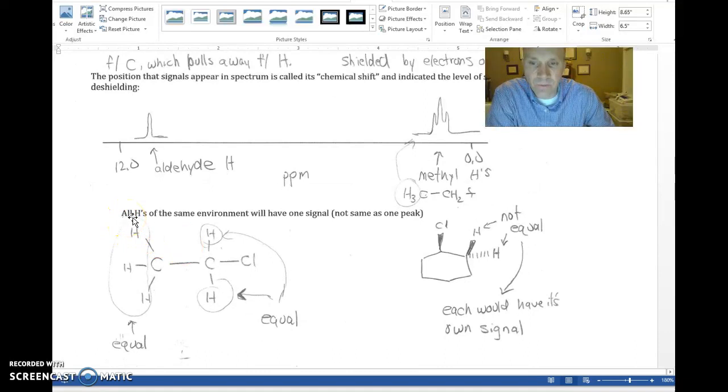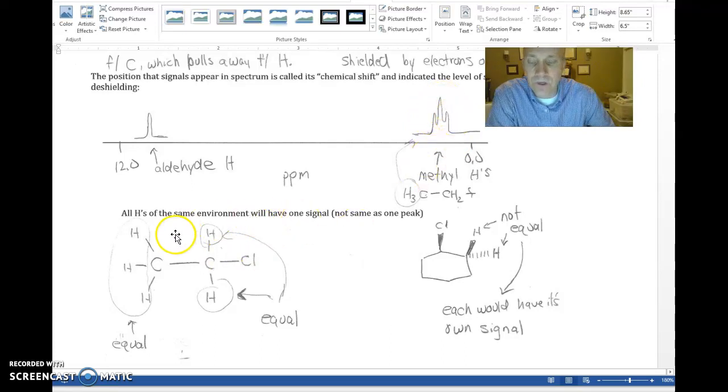All hydrogens that have the same environment will have one signal. And when I say one signal, realize that it's not the same as saying a peak, because this right here is one signal from a single type of hydrogen, but it's comprised of 3 separate peaks.